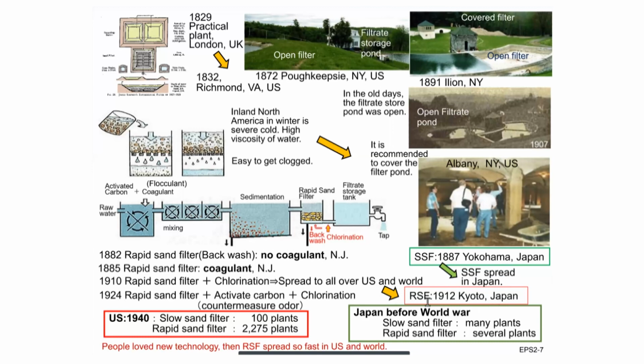And rapid sand filter is from 1912 in Kyoto, Japan. The statistics before the Second World War: slow sand filters were in many plants, rapid sand filters in only several plants. This is quite different between the United States and Japan.